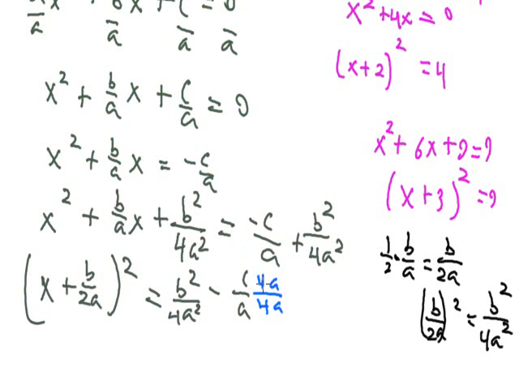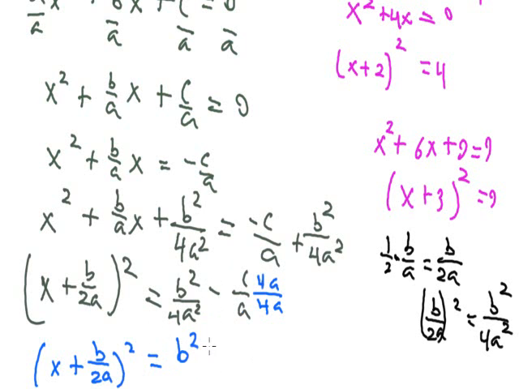But what I'm doing here is I'm just multiplying this fraction by 1. And I can multiply any part of this equation by 1, because 4a over 4a is just 1, and it doesn't change anything. This equality stays the same. So, multiplying this out, I have that x plus b over 2a squared equals, I'm going to multiply this out and subtract, because this is simple right here.